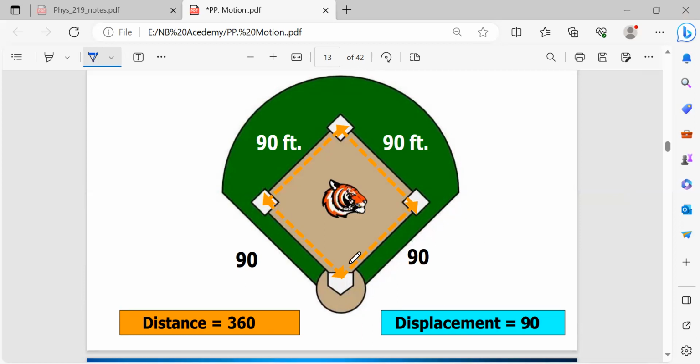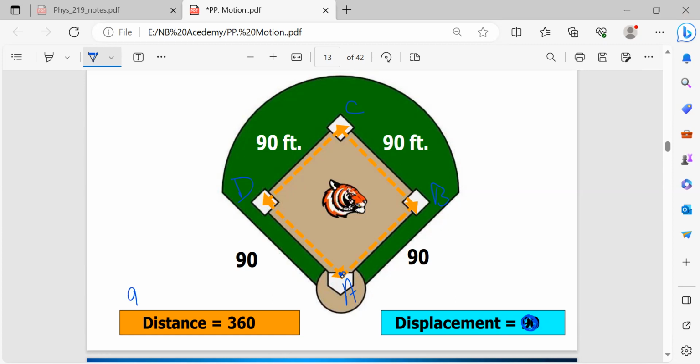The same here. What if the body moved from A to B to C to D? What if the object returns back to the starting point? Here, the starting point, A, B, C, D. To find the distance, we know now that the distance is the actual length covered by the object.